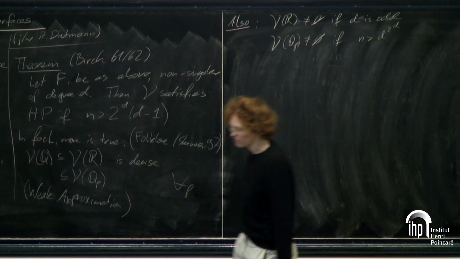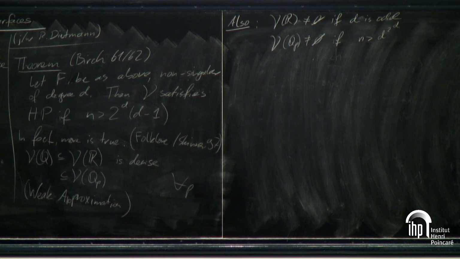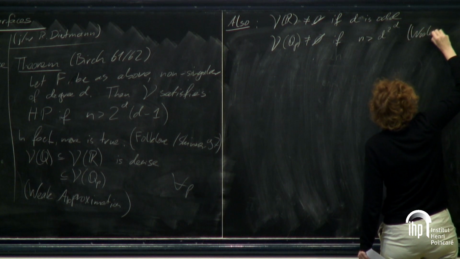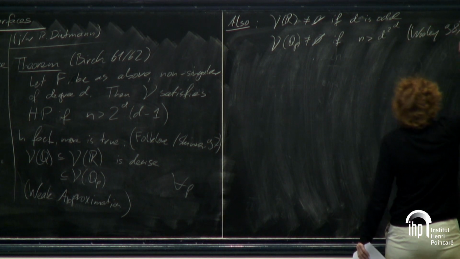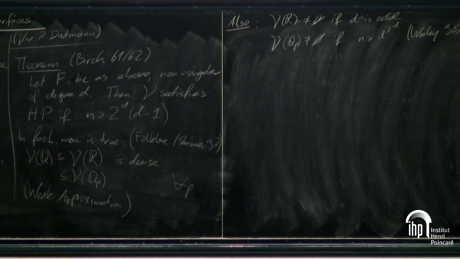So in full generality, we get that if the number of variables grows at least doubly exponential in the degree. That's Wooley in 98.